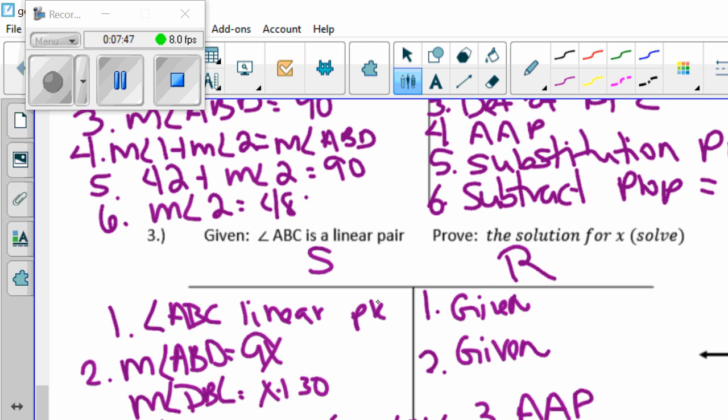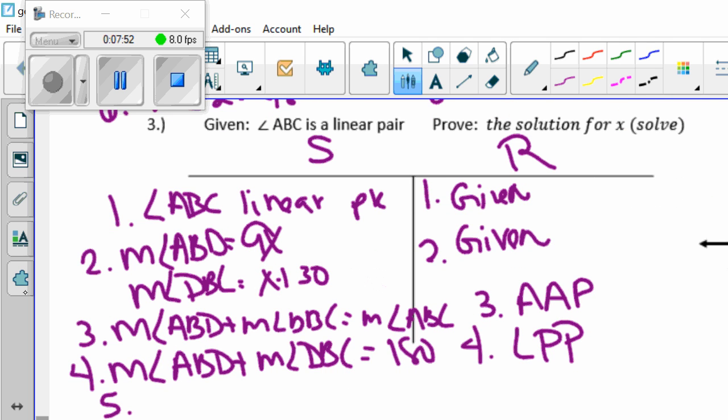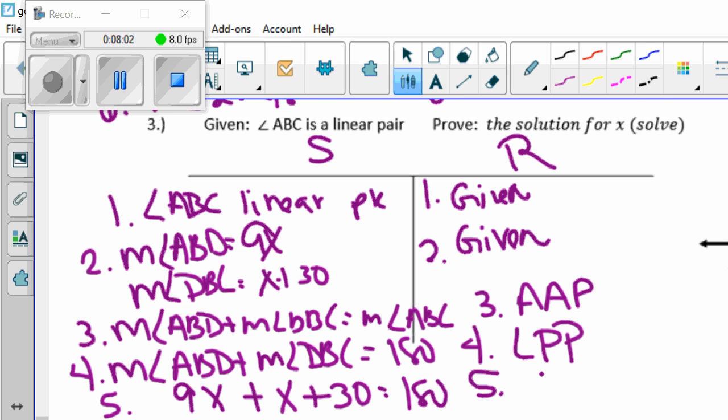I now have that ABD is 9x, so I'm going to substitute that in here. Instead of ABD, I'm going to say 9x plus x plus 30 equals 180. Substitution. Now they want me to solve for x, so I have 9x plus x, combine those, I get 10x plus 30 equals 180.